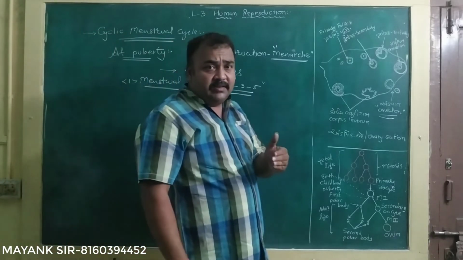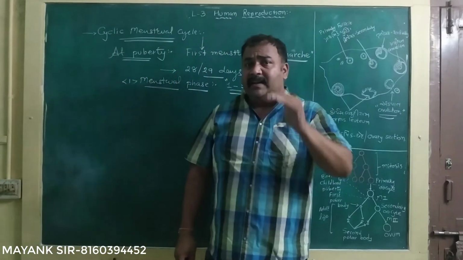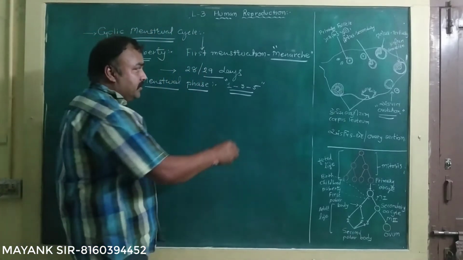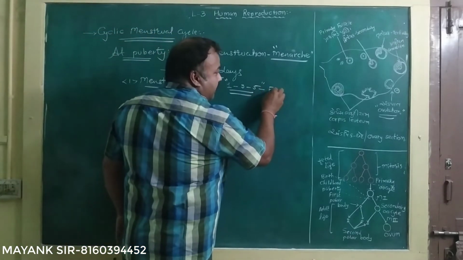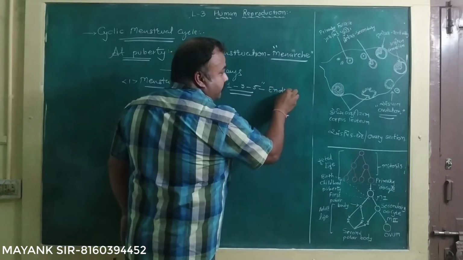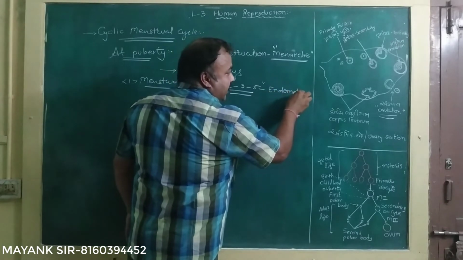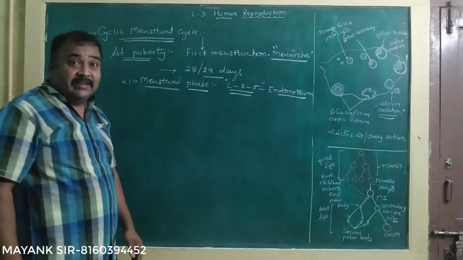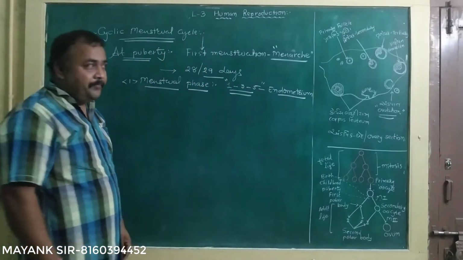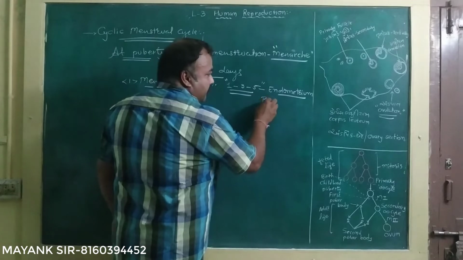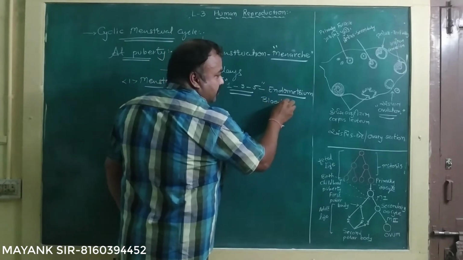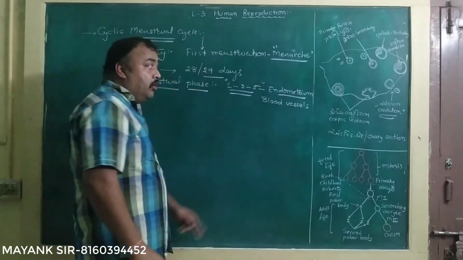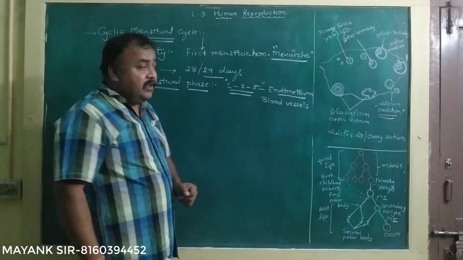The levels of hormones are low in the body, and so the endometrium, which is the innermost layer of the uterus, disintegrates, and the blood vessels which supply blood to the endometrium also disintegrate.